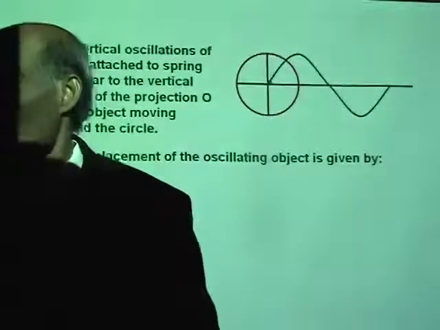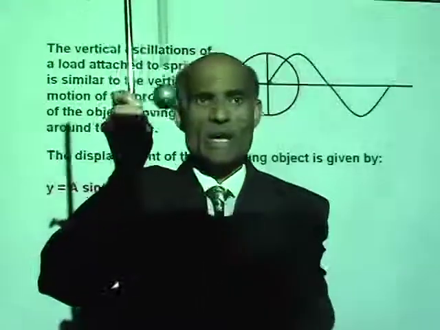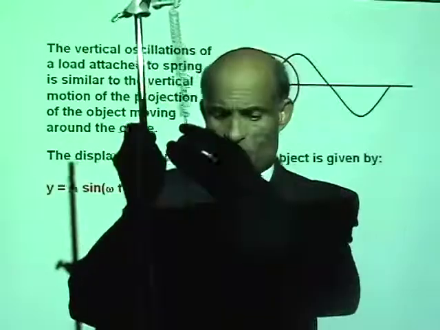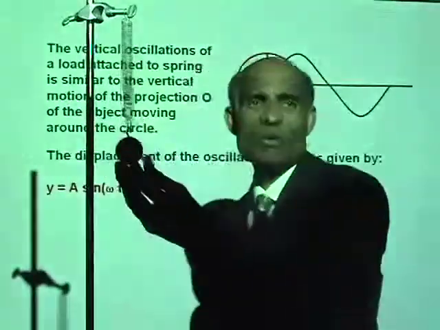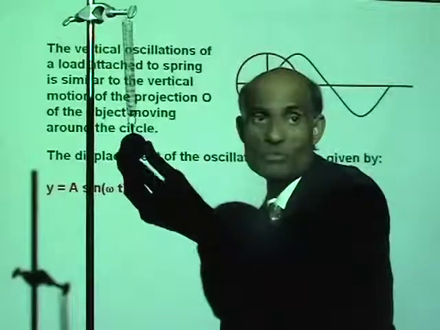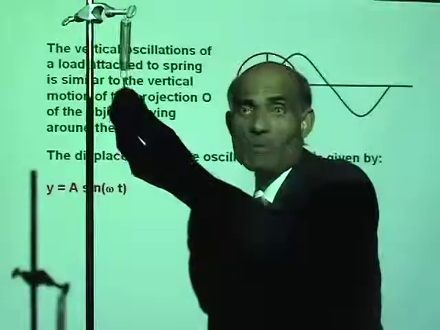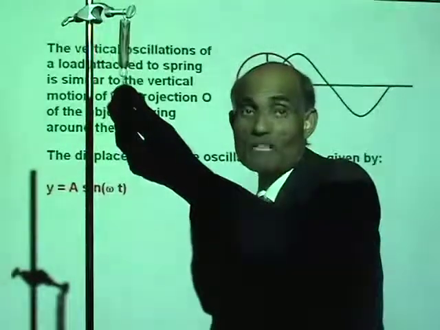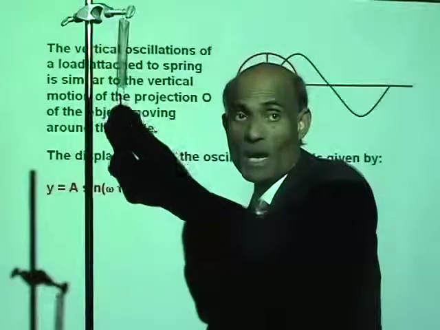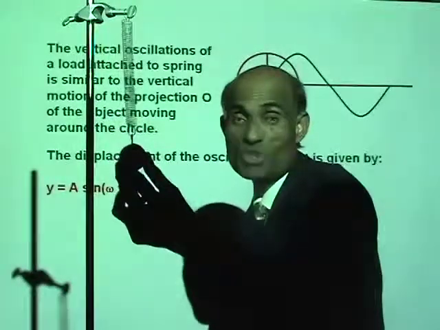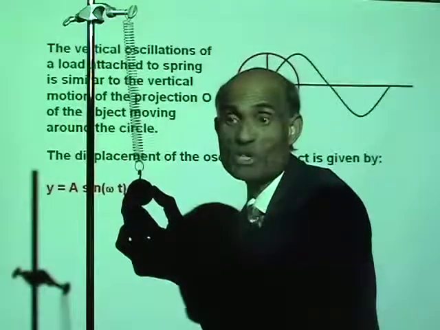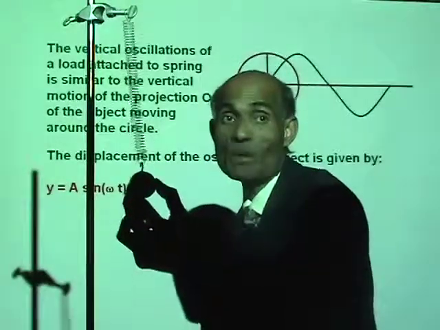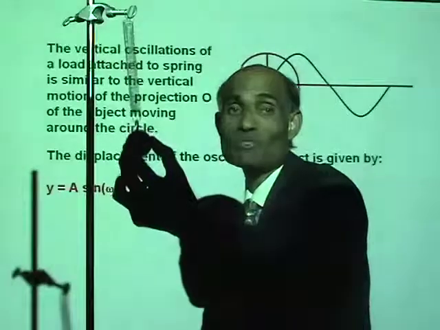Now, what is one full cycle here? If you look at the object here, one full cycle is, this is the equilibrium position, it goes up, maximum displacement, comes back to displacement 0, goes to the lower extreme, displacement is a minimum, comes back to the equilibrium position.